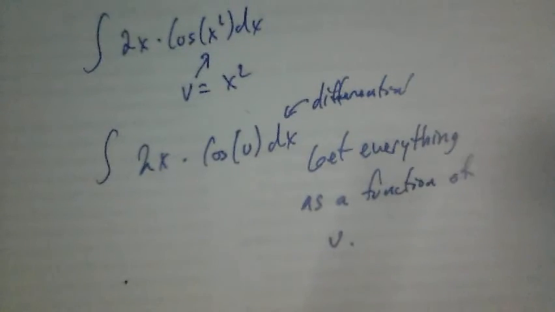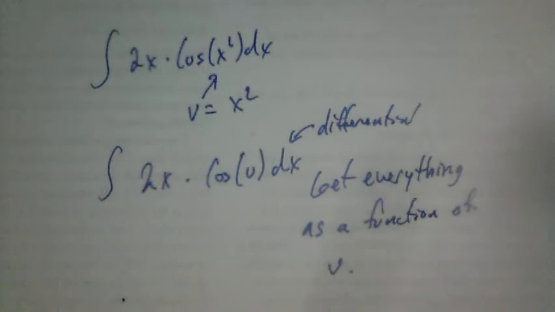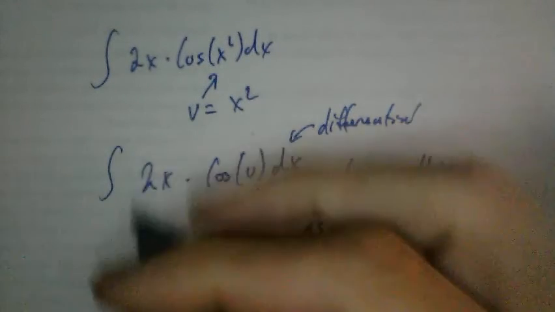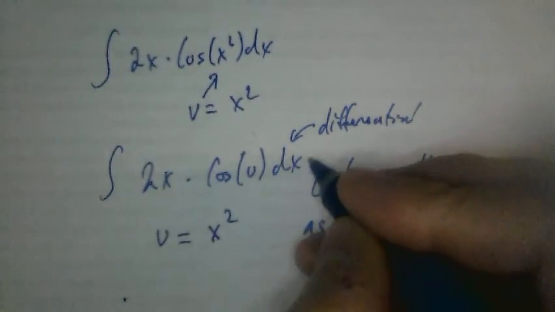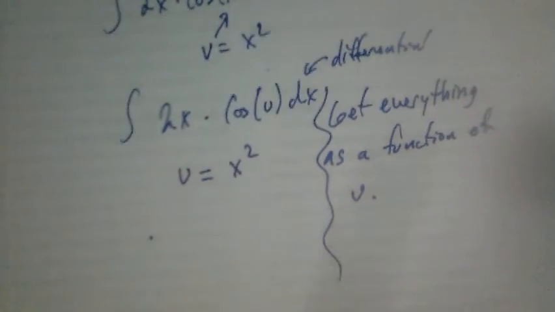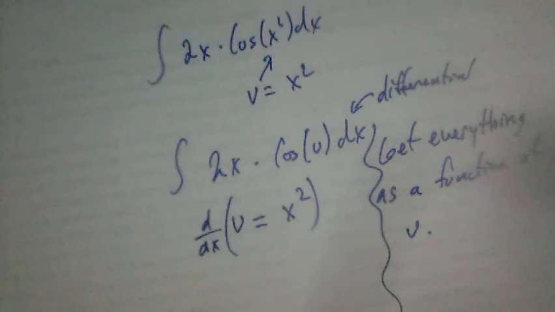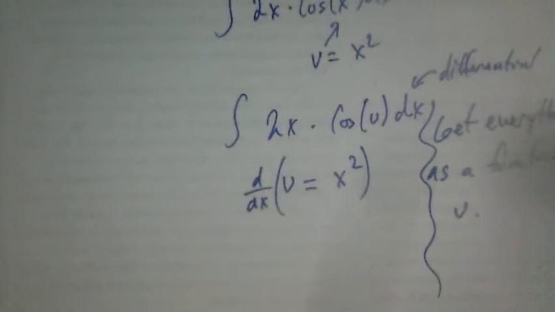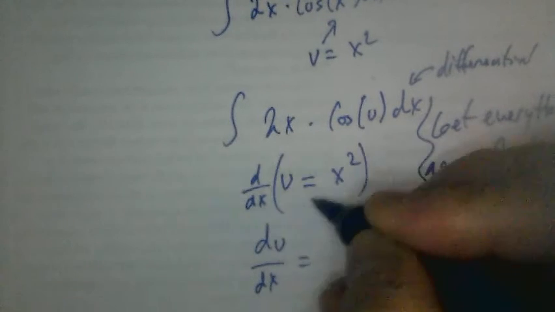Let me do this here. And now what we're going to do is take the derivative of both sides. You're going to see why in a second. Then we're going to skip steps after that. So you get du/dx equals d/dx of x squared, which we all know is, you should say it, 2x. Yes. Hopefully you said it. So you know that du/dx is 2x.